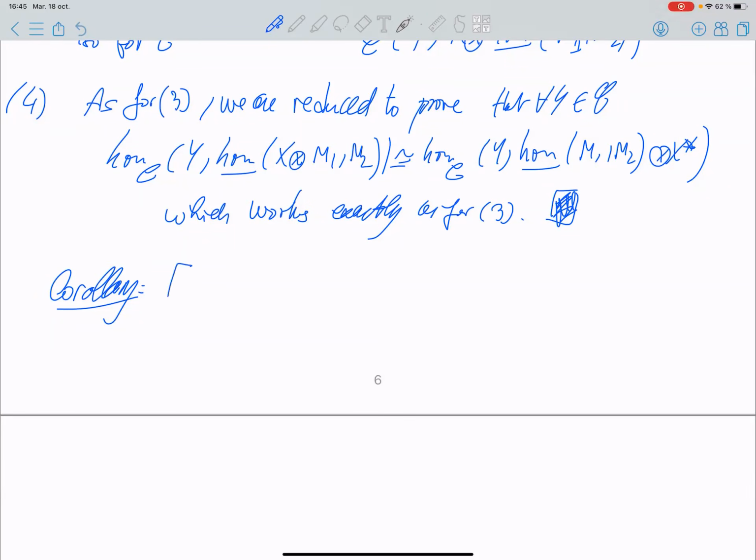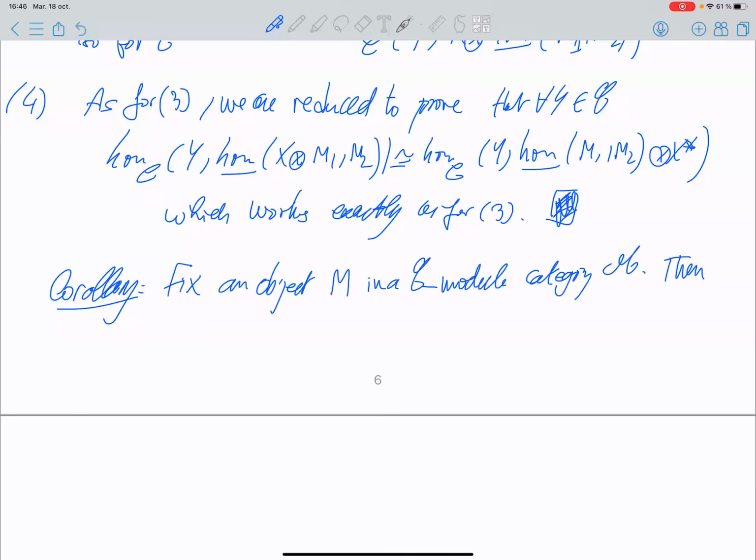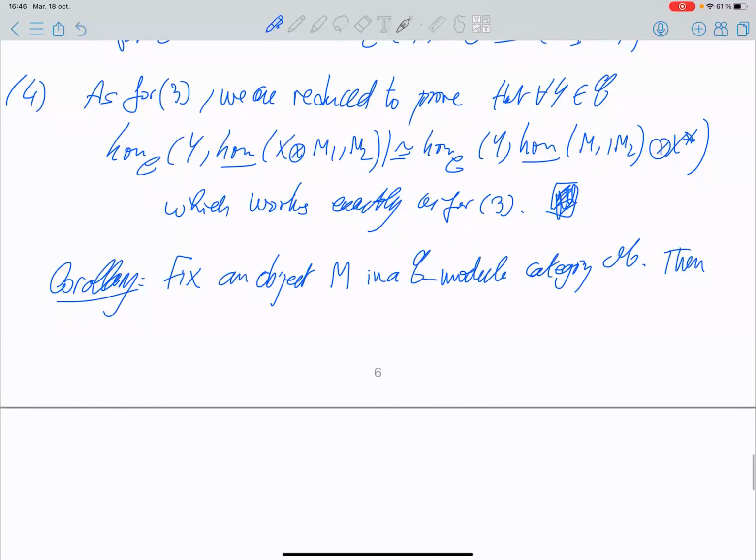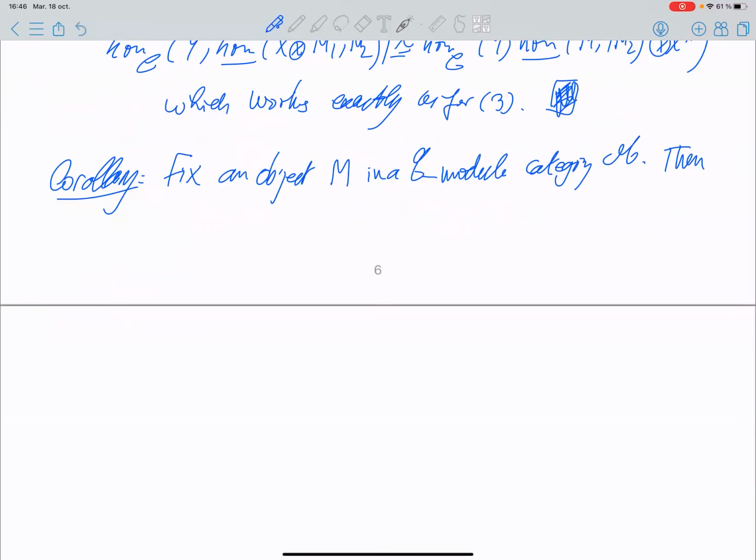You fix an object M in a C module category M, then you will get a C module functor.